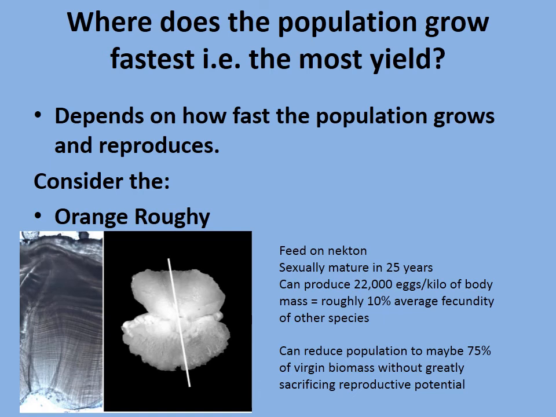They're slow growing, slow reproducing fish. So you might only be able to reduce the population to 75% of the virgin biomass without greatly sacrificing the reproductive potential. Now, with some of these, we've reduced them down to 2 and 3% of their virgin biomass, some of the populations around seamounts.